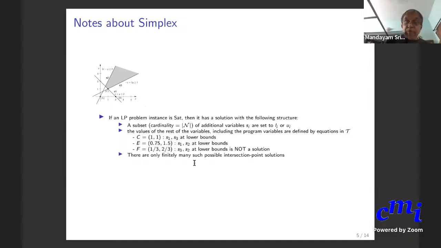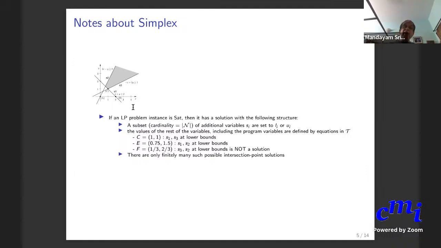And the number of such possible, what I call intersection point solutions, is finite, because there is only a finite set of subsets of those variables.